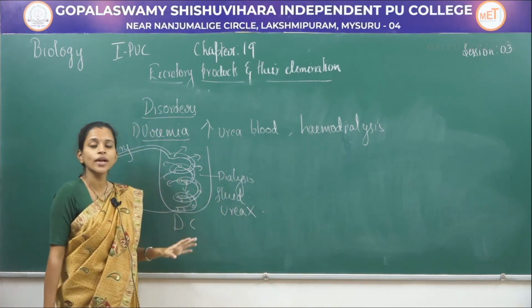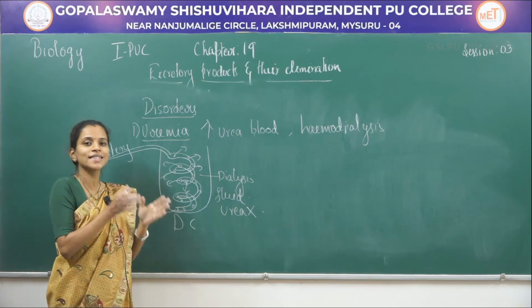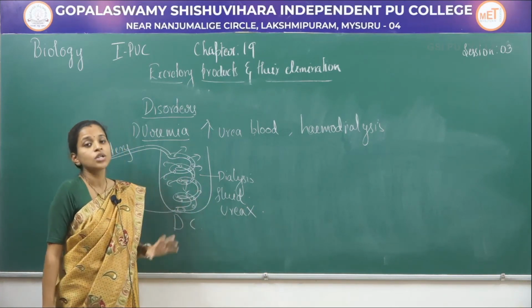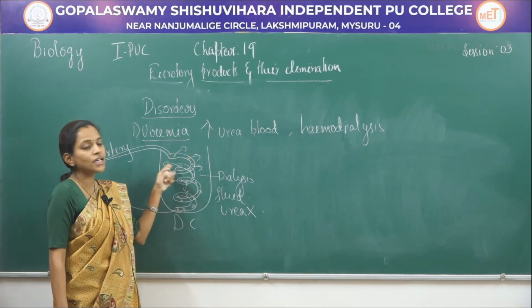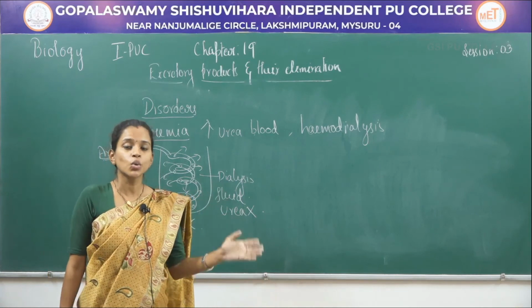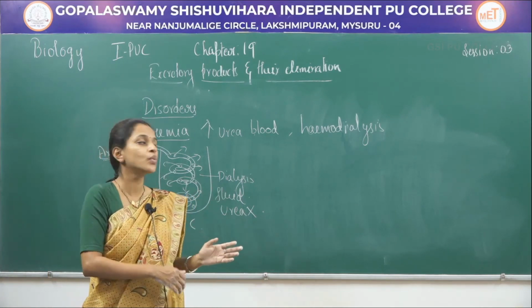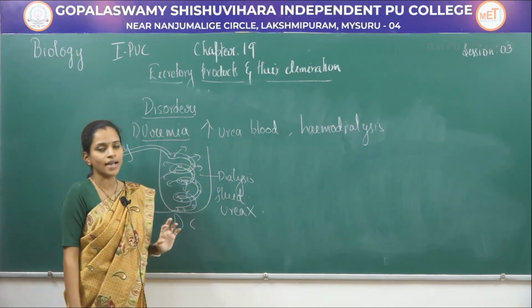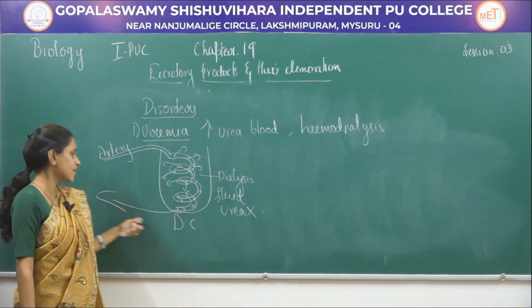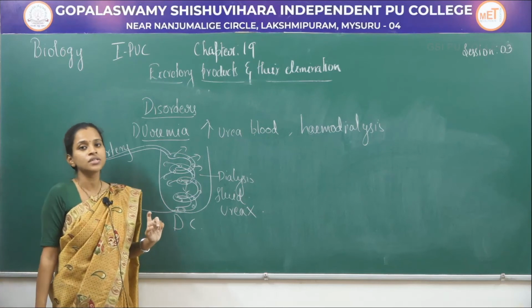This dialysis fluid contains components exactly similar to that of blood plasma except the urea. So, through the pores of the cellophane tube, the urea from the patient's blood will be transferred into the dialysis fluid. Once the blood is free from urea, it can be transferred back into the patient's body.